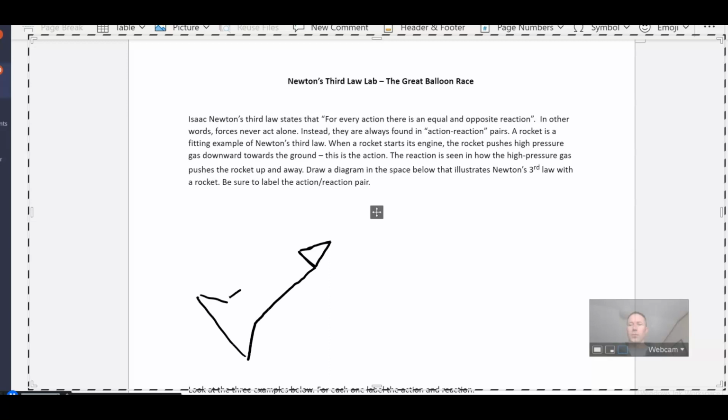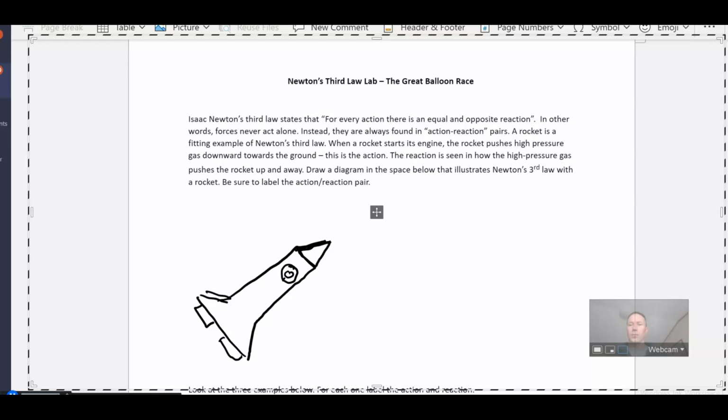There's my picture of a rocket. I want you to draw something like that. We'll even put a little window so the astronaut can look out.